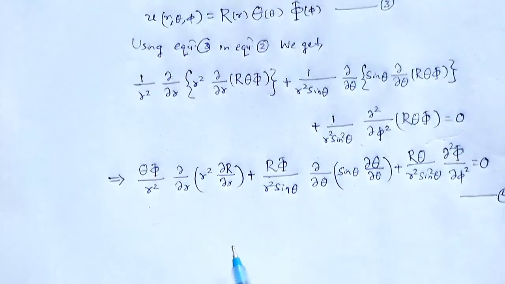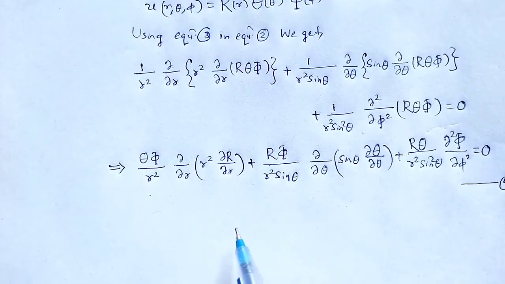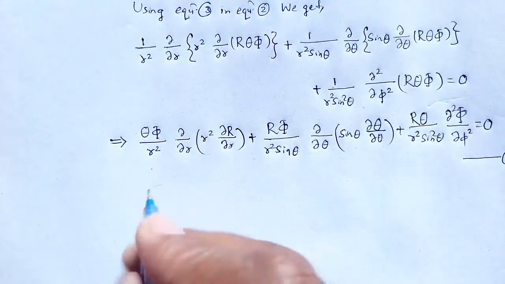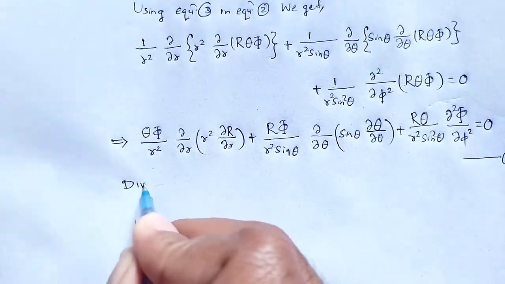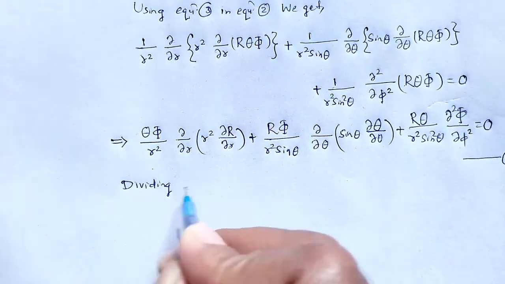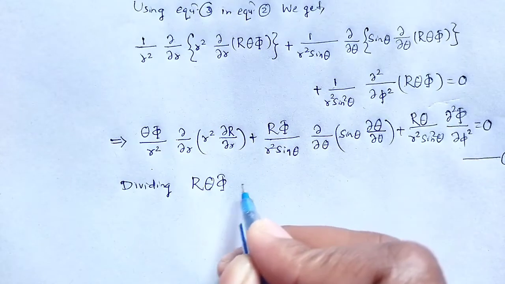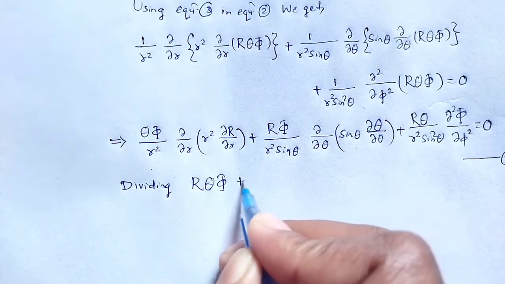Now we have to divide throughout equation 4 by R Theta Phi.